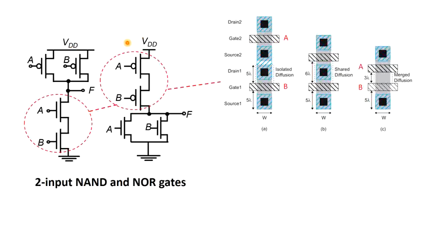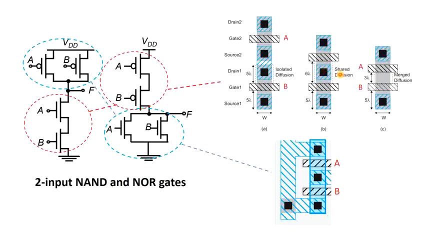So what will happen in case of parallel combinations? Here two parallel PMOS and here two parallel NMOS. It's not difficult, same as this. Here also we will use one single diffusion, right? And we will use two gate contacts, these polysilicon gates, gate A and gate B.